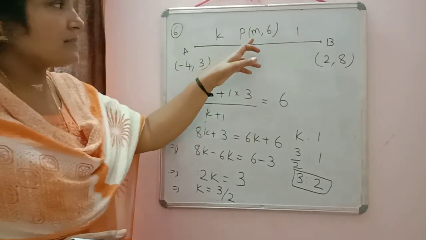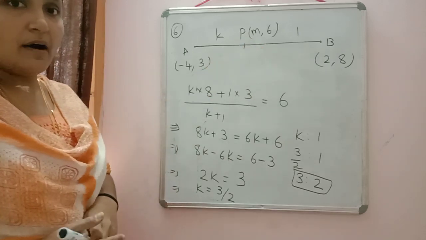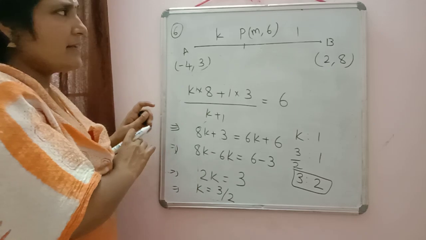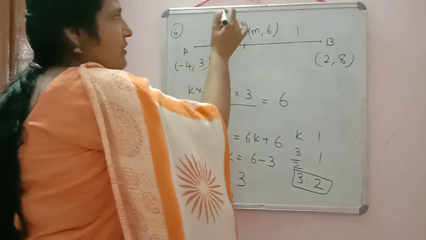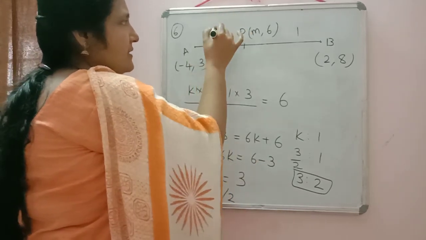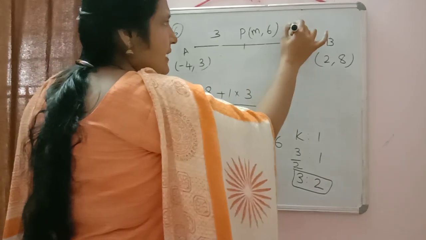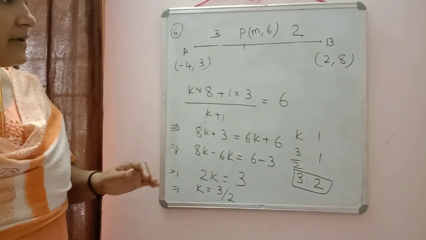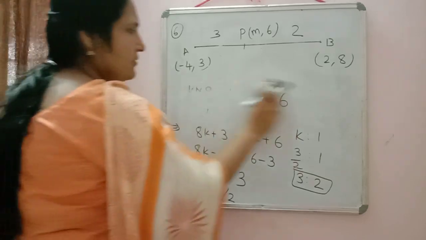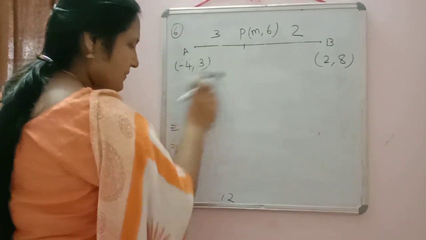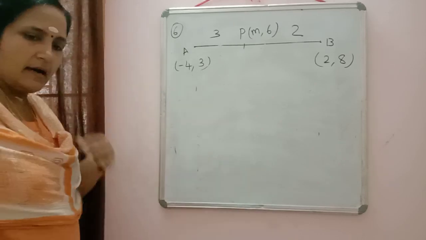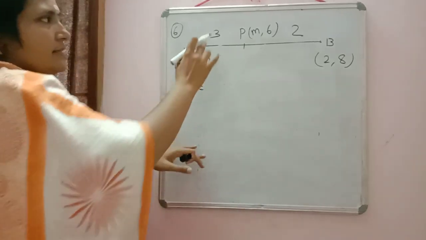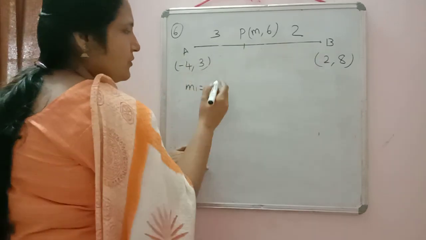And in the question it was asked, find out the value of M. So writing again in this formula will be difficult. So what we can do, if we got the ratio, we can change the ratio there. We got the ratio as 3 is to 2. Now to calculate the coordinate of M, we can use the section formula. So according to the section formula, M will be equal to 3 will be multiplied by 2.